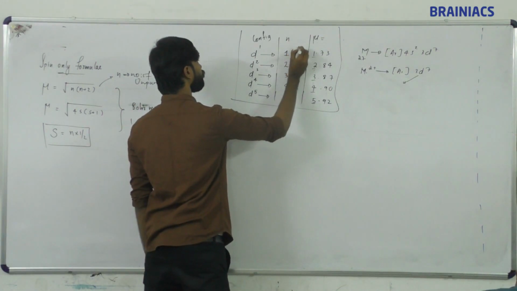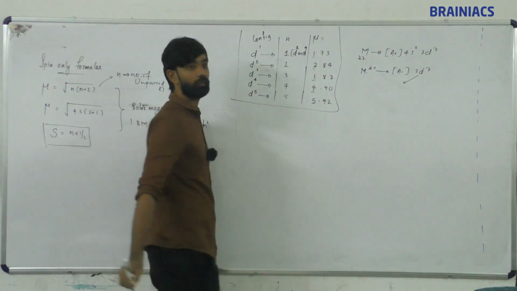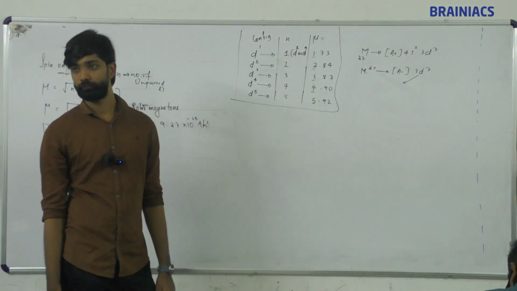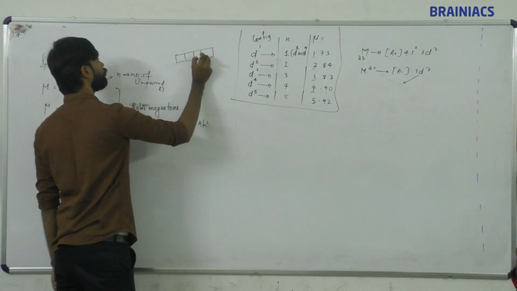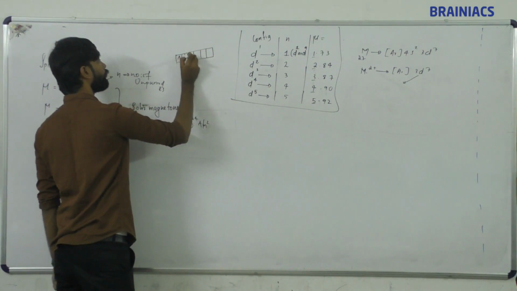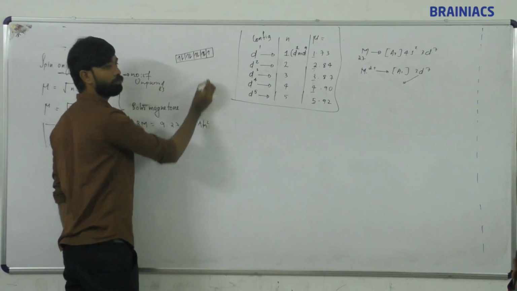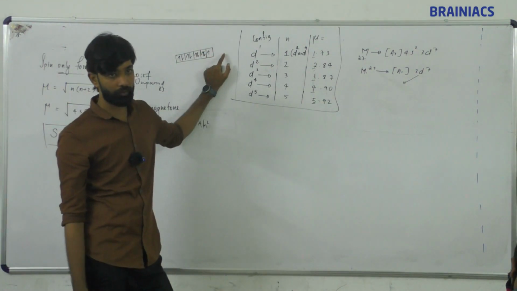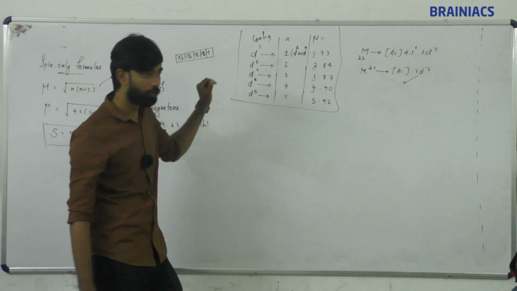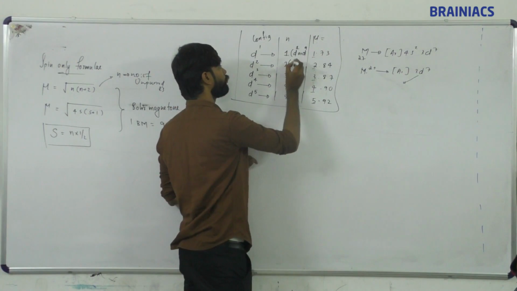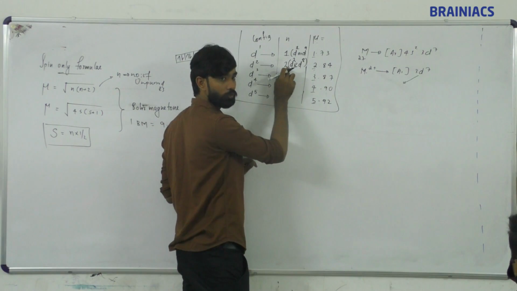For d1 and d9, the value of n will be 1. For d2 and d8, the n value will be 2.